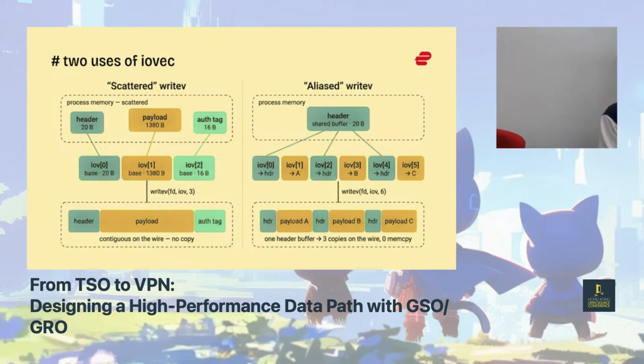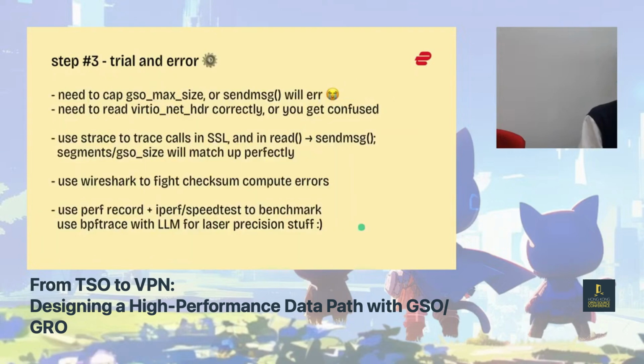So this is actually quite useful because you can also do aliasing. You can reuse the same, for example, header or any other payload that you want multiple times. You don't actually have to do any copy, and copies are expensive. So this is very good to get into.